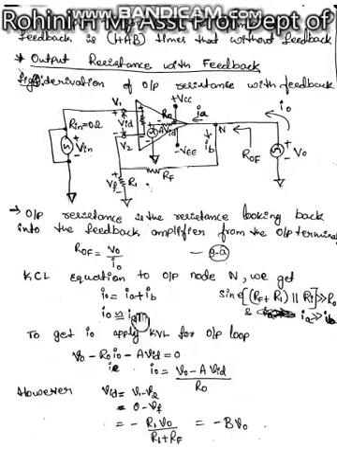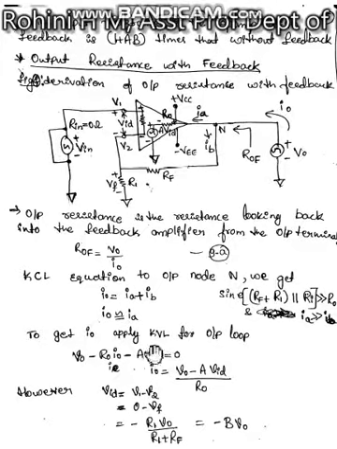To get I naught, we will apply KVL for the open loop. We will write V out minus, in this loop, the current flowing through the resistance R naught: V out minus R naught into I naught, minus A into VID, is equal to 0.